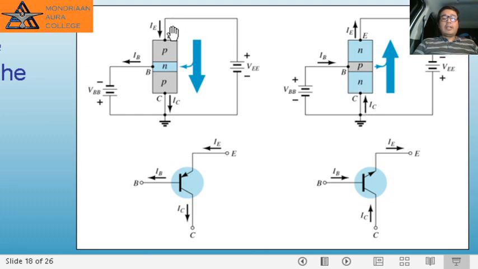Ang emitter naman natin ay nasa taas. Unlike sa common emitter kanina, collector yung nasa taas, emitter yung nasa baba. Ang input terminal natin for the common collector is yung base. So, the input side is composed of base collector, while the output side is composed of emitter collector.